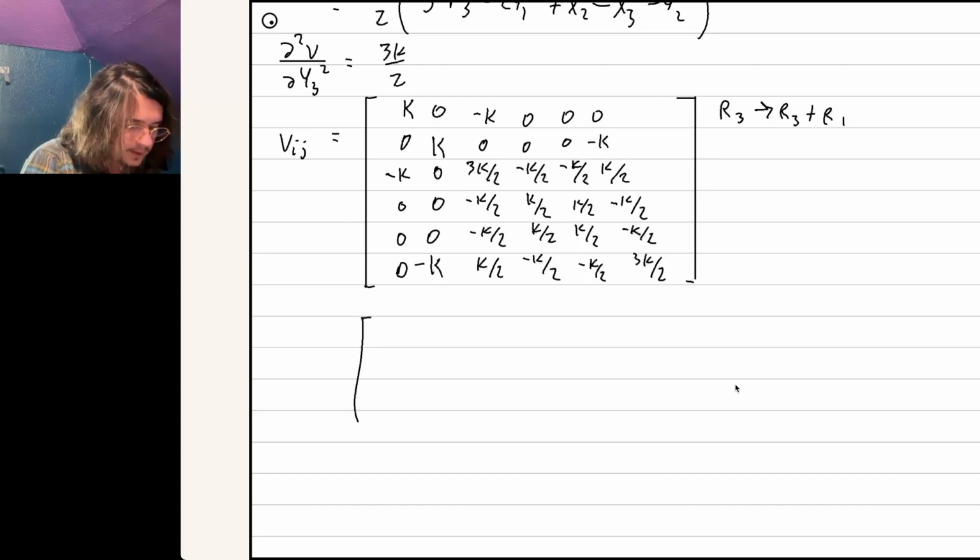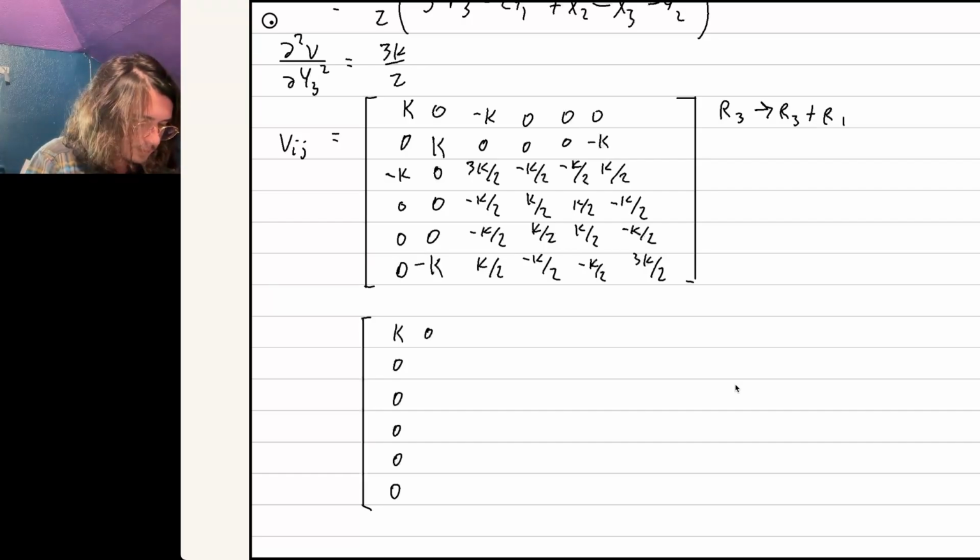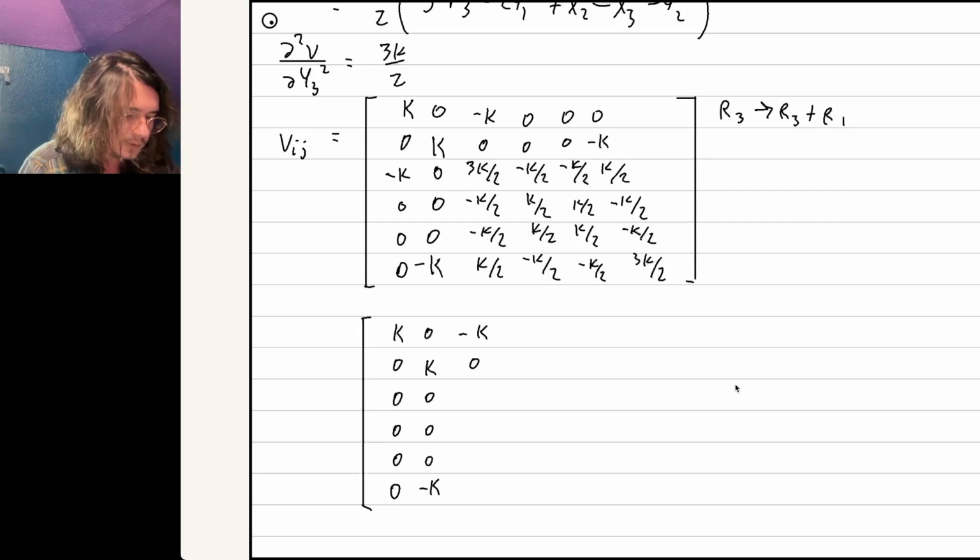So 2, 3, 4, 5, 6, 0, 0, 0, 0, 0. Boom, bam, boom, boom, bam. Minus k, 0. 3k over 2 minus k is k over 2. And then everything else is the same.